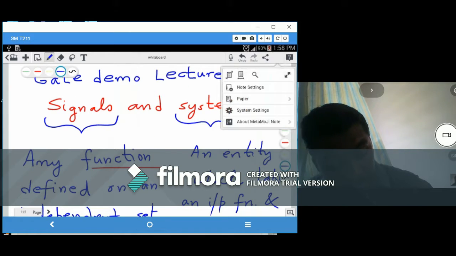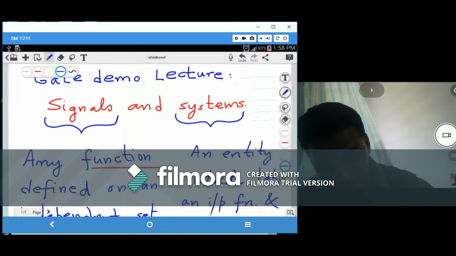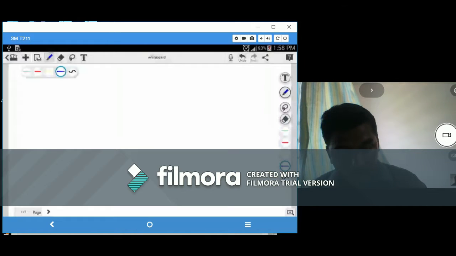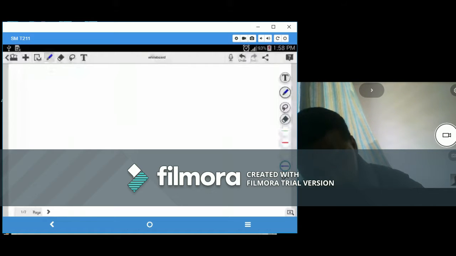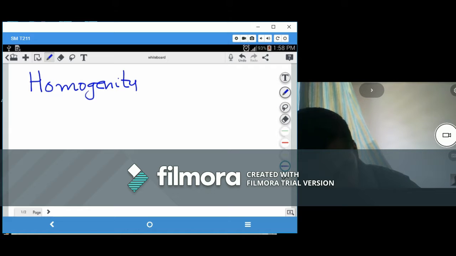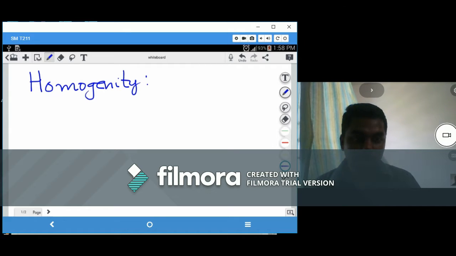Now, is that it for the definition of linearity? No. We require one more aspect to define the linearity of the system, which is termed as the homogeneity property. So what is homogeneity?